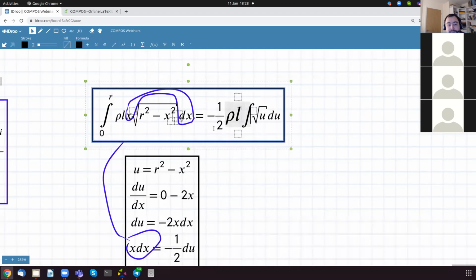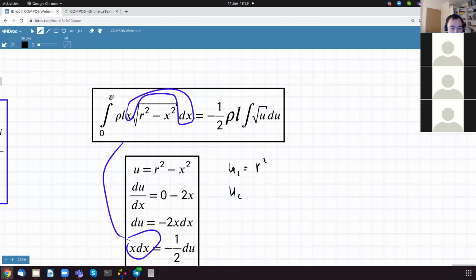Minus 1/2. Now the only thing is the limits. Well, we need u1 and u2, and we can find it here. So for u1, we substitute 0 instead of x, so u1 is going to be r squared.